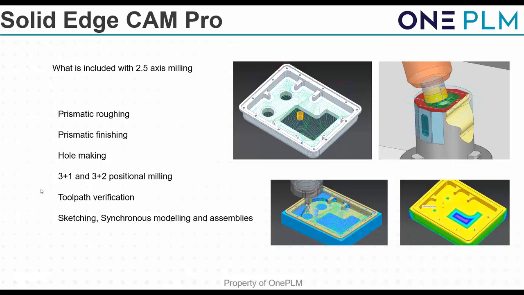Going back to the prismatic roughing, what's included with the roughing is the highly efficient adaptive milling toolpath. This in itself is a reason to be using the Solid Edge Cam Pro 2.5-axis milling, the fact that you get this adaptive toolpath.